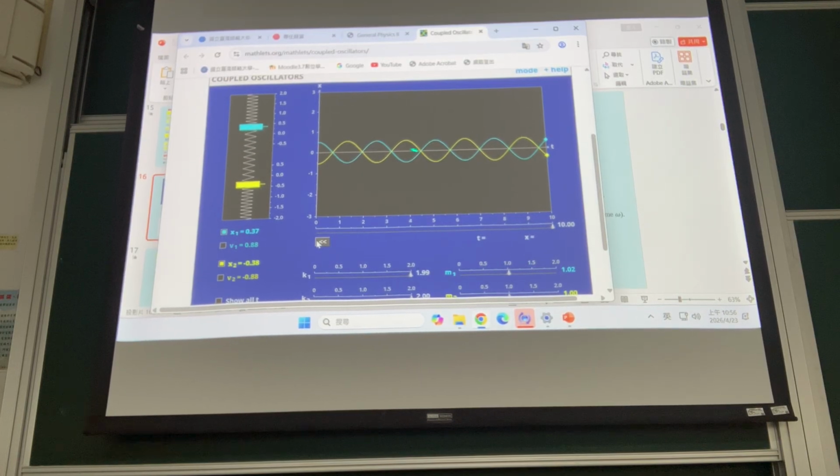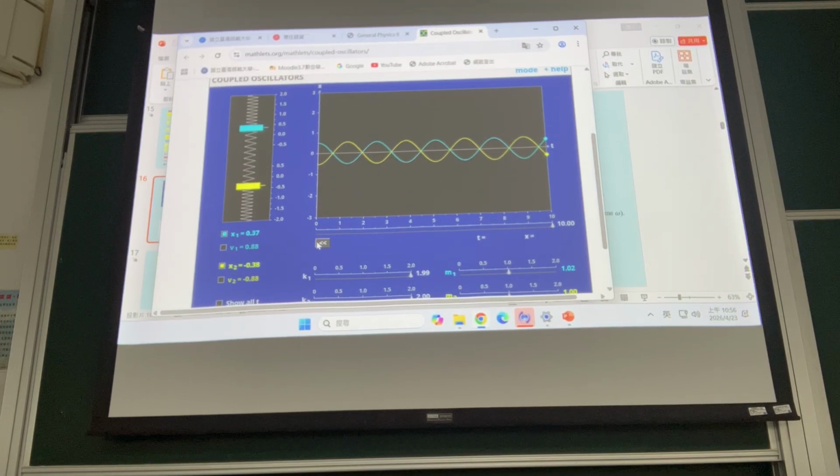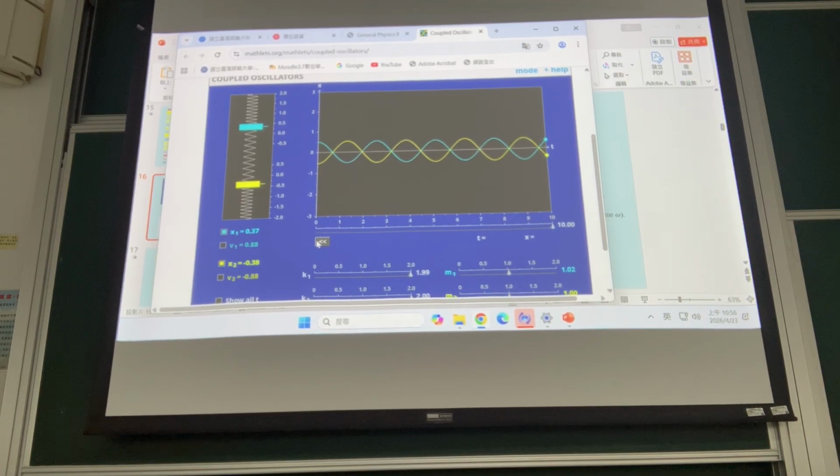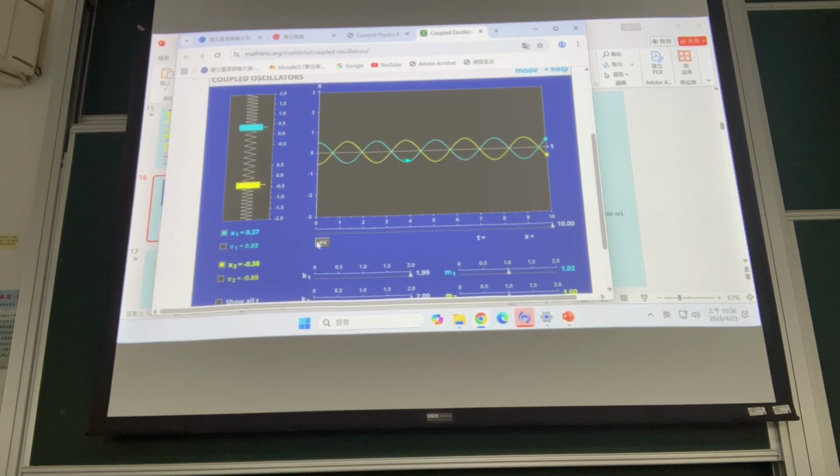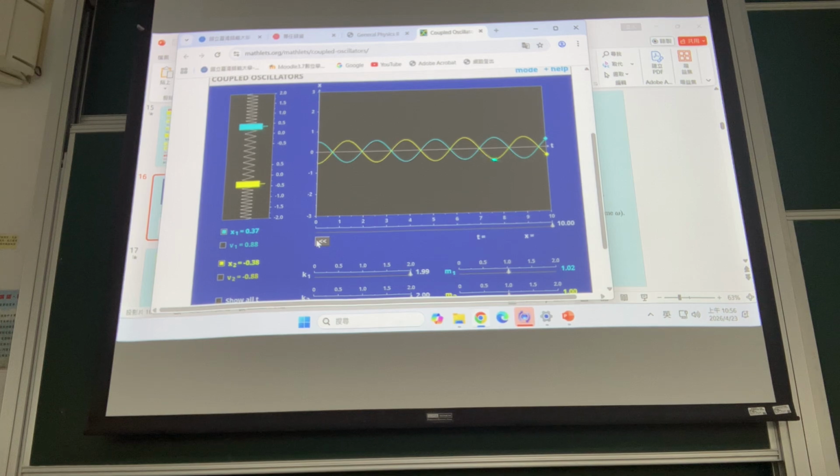And you can also see that the frequency is larger because the period is smaller compared to what we have in the symmetric mode. So that's the effect of the square root of 3. You can see the square root of 3 very clearly, because the period is shorter. Just now it only ran about 2 cycles, now it runs nearly 4 or 5 cycles. So the angular frequency is larger, that square root 3 comes from this.